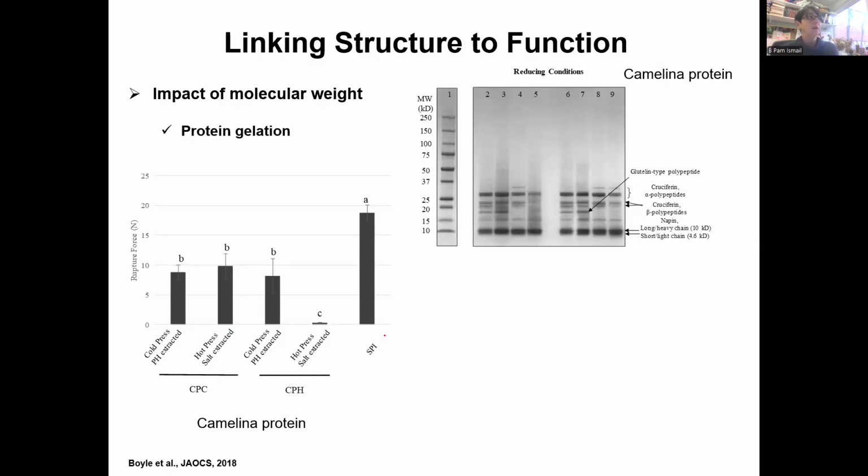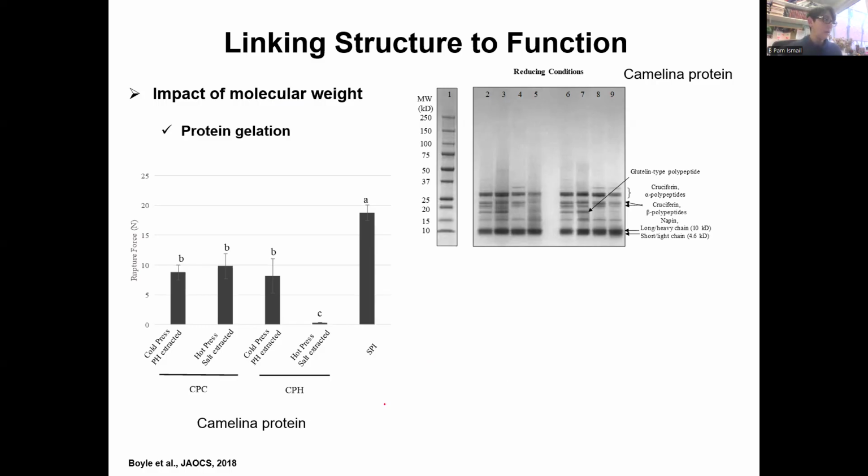So here are examples of molecular weight and the impact of molecular weight, based on research we have done in the lab. Here we have soy protein. Soy protein forms really good gels relative to other plant proteins we have tried working with.